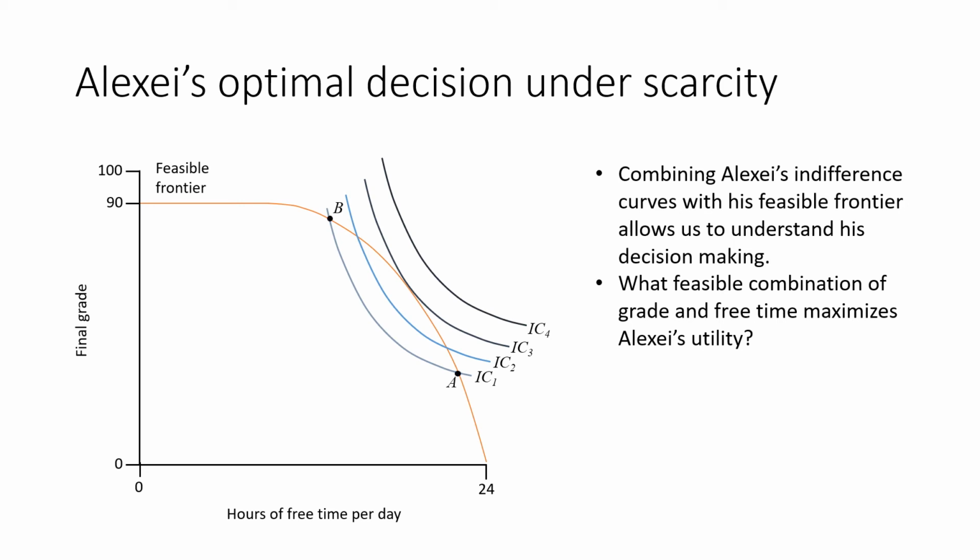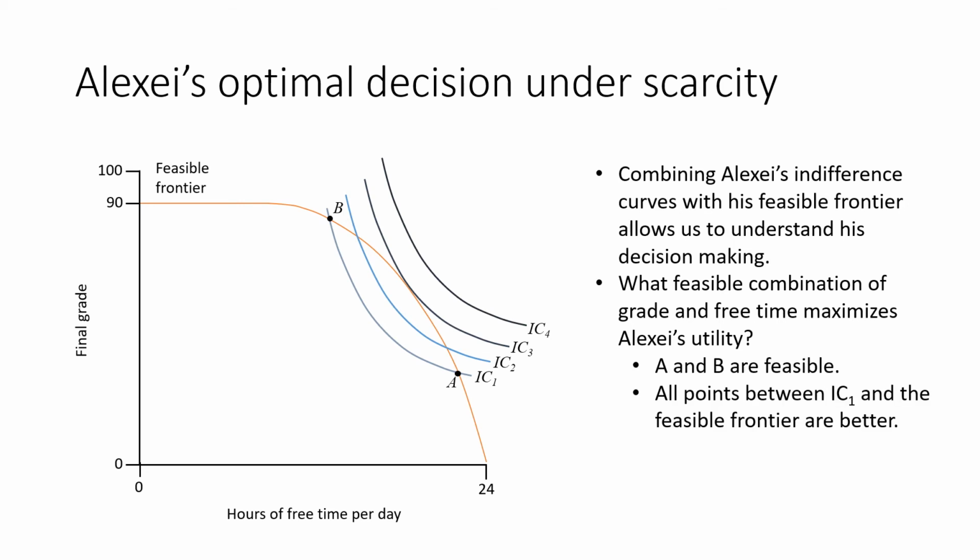A and B are both feasible. All points between IC1 and the feasible frontier are better. C is preferred to A and B, so is D. E is Alexei's best choice.